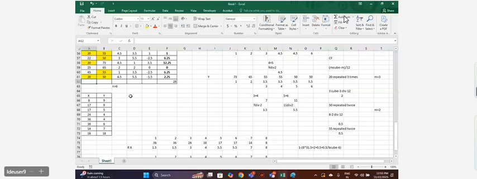Sir, I have one basic doubt. Once we find the correction factor for all X and Y, how do we add it in the formula? For example, the correction factor for X is 2, and for Y it is 0.5 plus 0.5. So totally the correction factor is 3.